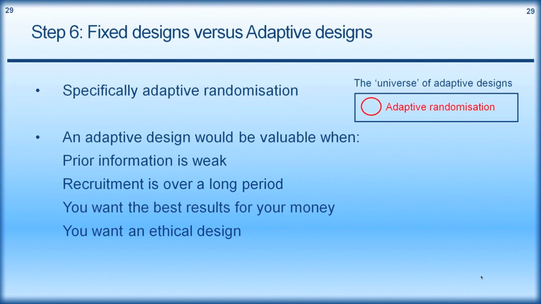Finally, I've been focusing a lot on fixed designs here. Anyone who knows me knows that I'm a big advocate of adaptive designs. I think the first thing to mention is when we talk about the universe of adaptive designs, adaptive randomization is what I'm specifically often talking about. And what that means is, as we go through the study, we change the probability of being randomized to different doses such that we're obtaining information in the best part of the curve.